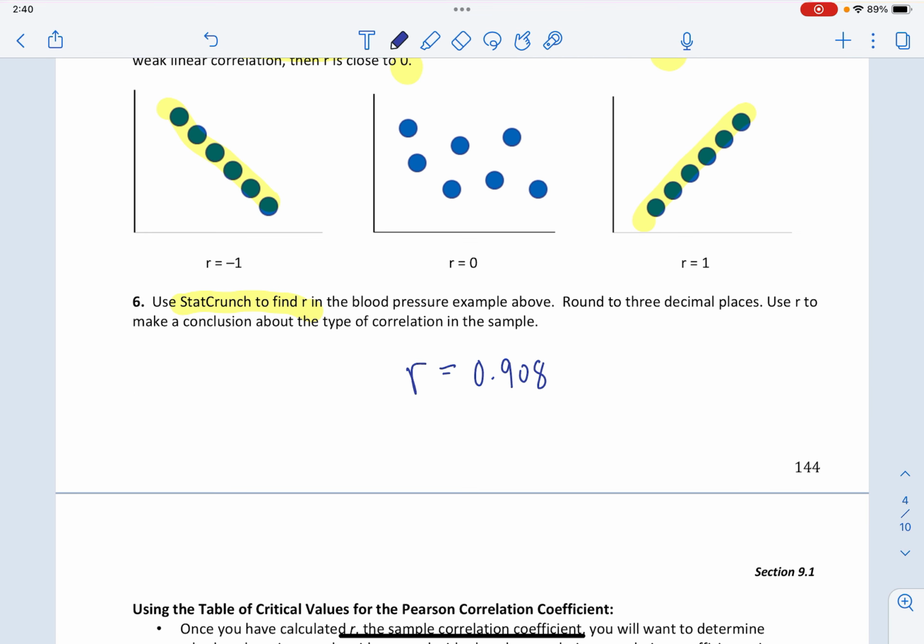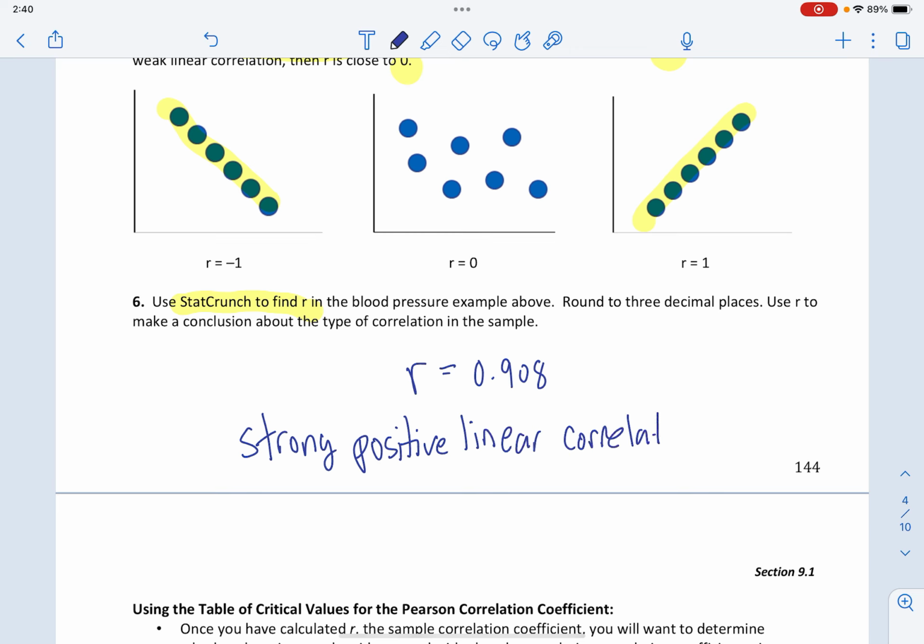The main 3 adjectives are strong, positive, linear correlation. Strong because it's greater than 0.8, positive because R is a positive number. If I got R equals a negative number, then that would be a negative correlation. And then R always detects linear, so it's always linear.